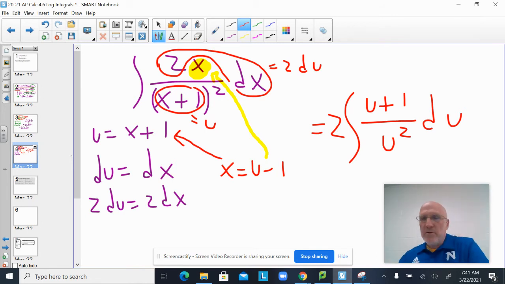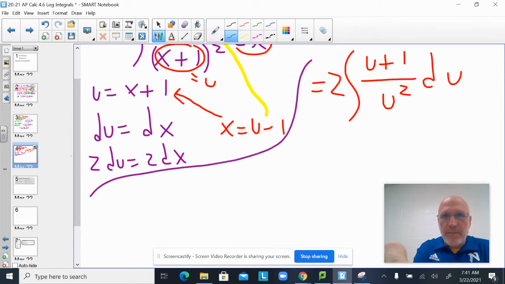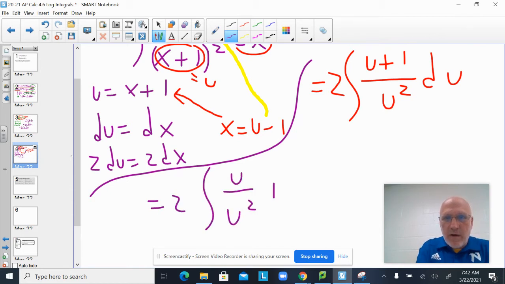Now we have to know from section 4.1 how to take an antiderivative like this. And this one you have to recognize I need to rewrite this. So let's separate this. This is now 2 times the integral of u over u squared plus 1 over u squared.